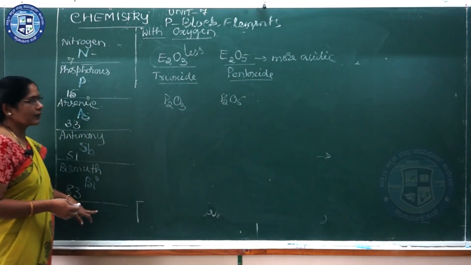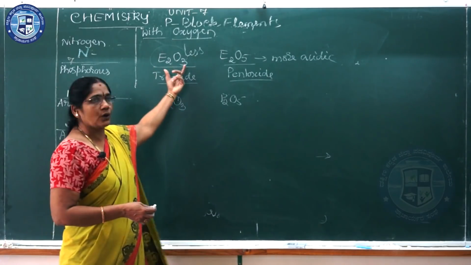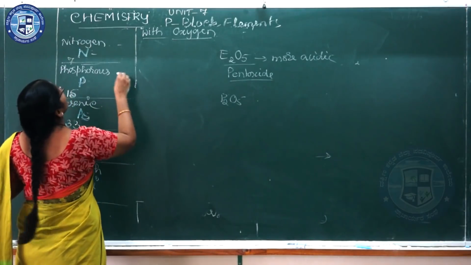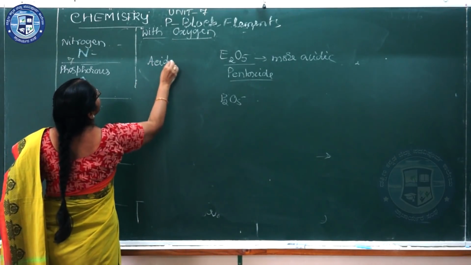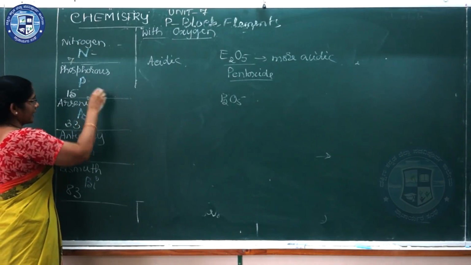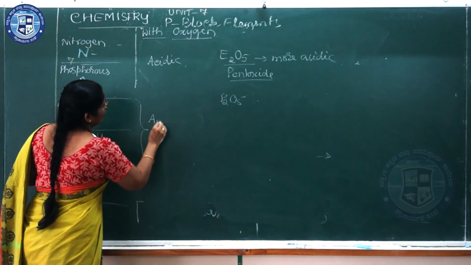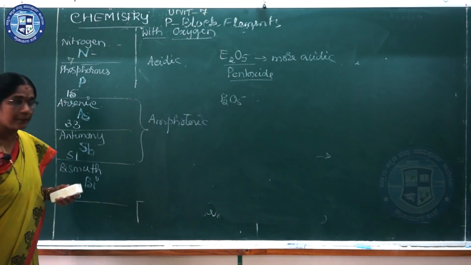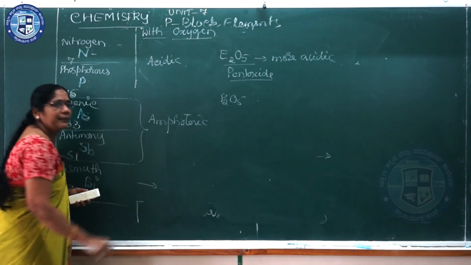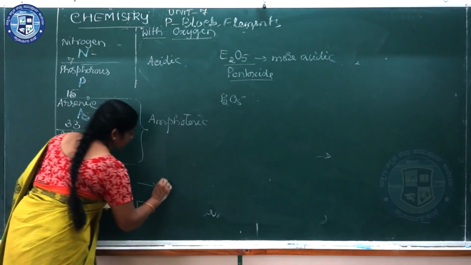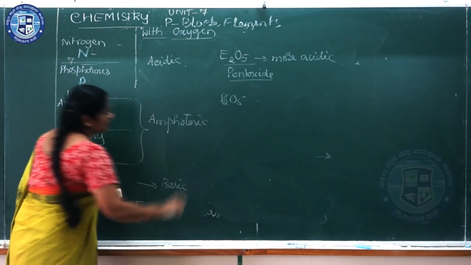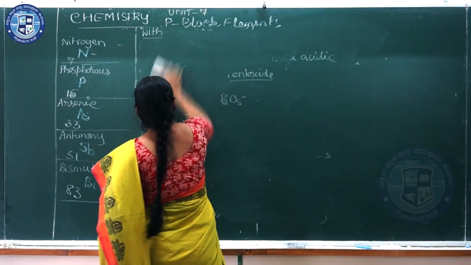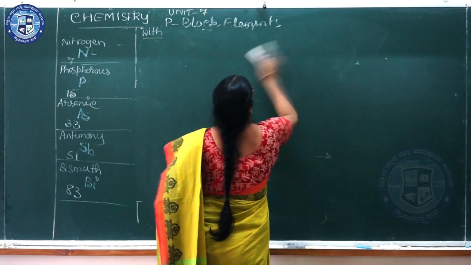That is, N2O3 and P2O3 are acidic. These two, As2O3 and Sb2O3, are amphoteric, meaning they behave both as acidic and basic, and Bi2O3 is purely basic. So, the acidic nature goes on decreasing. This is the reaction with oxygen.